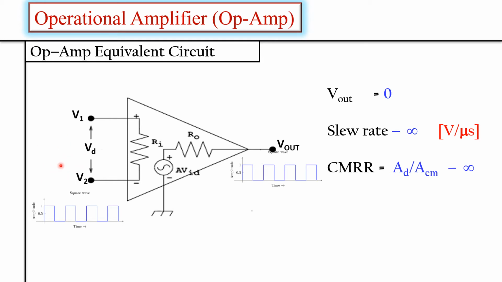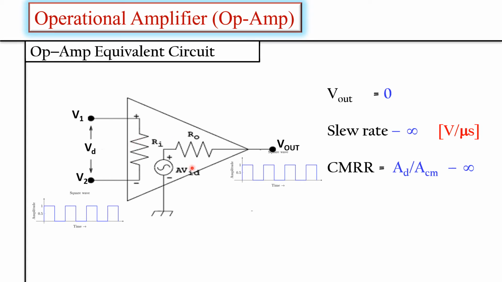So how well is the op-amp able to reject the common input voltage applied to the input terminals, and how well is it able to amplify the difference between them?